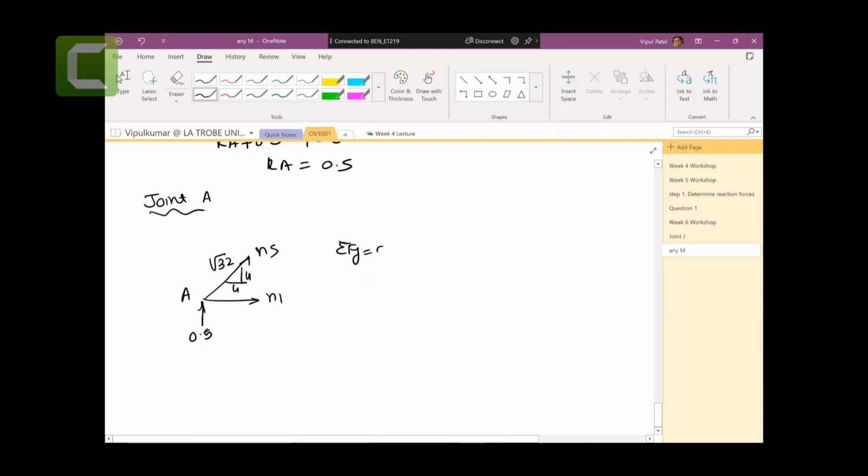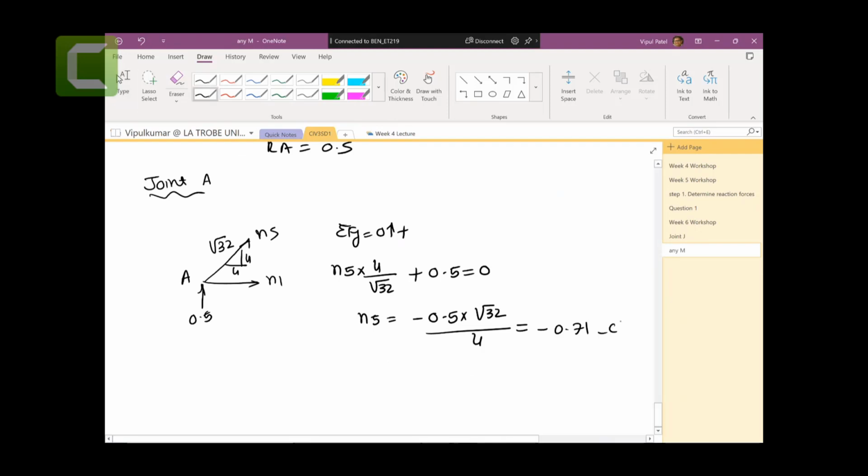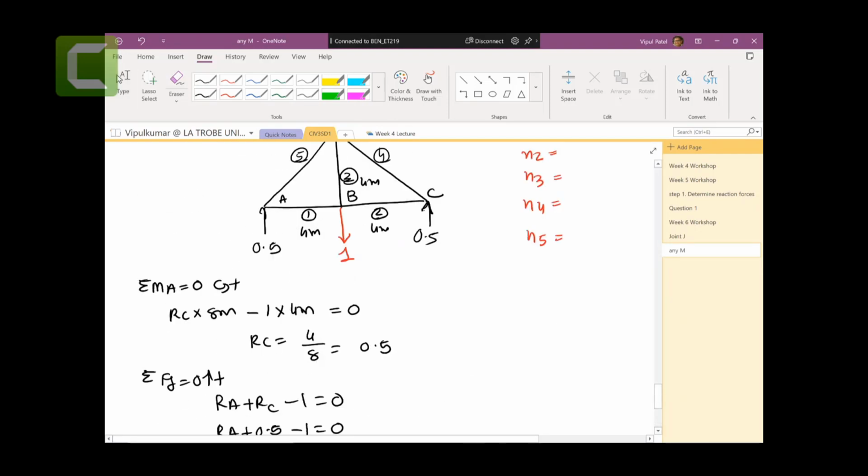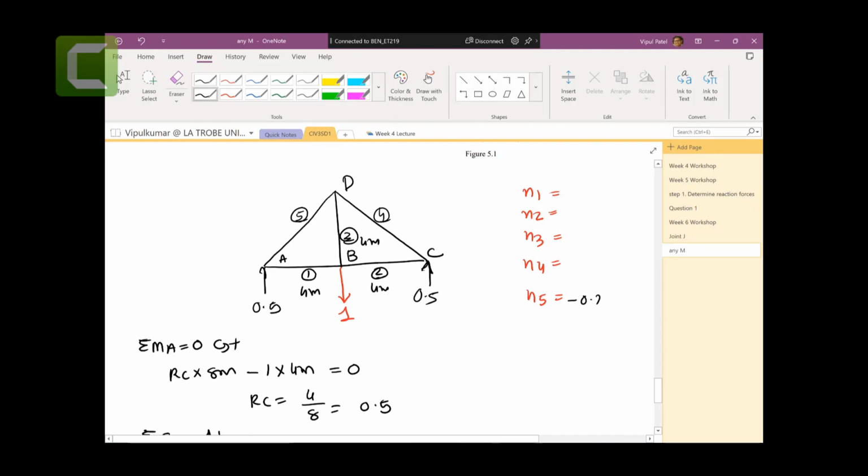Sum of the forces in the y direction, upward is positive: N5 times 4 on square root 32 plus 0.5 equal to 0. N5 equal to minus 0.5 times square root 32 on 4. That gives you minus 0.71. And that is compression. N5 is minus 0.71, compression.